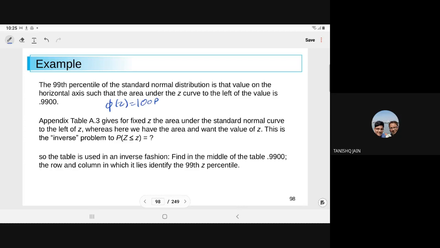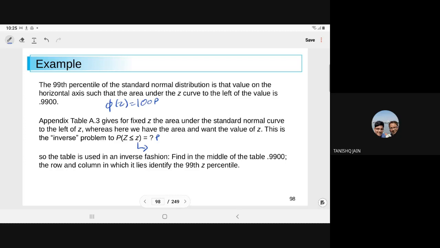That gives you the percentile point. Percentile point means p% of the population lies below that z. That is the meaning of the percentile.